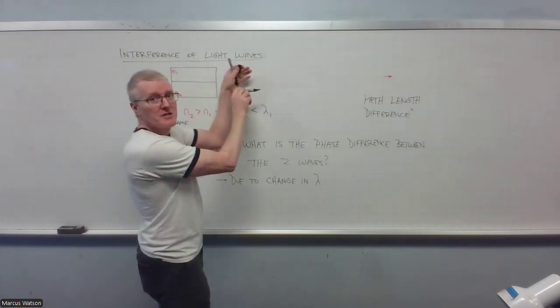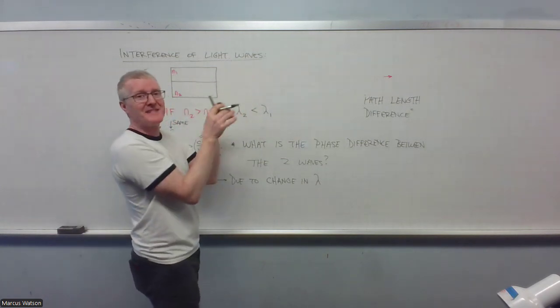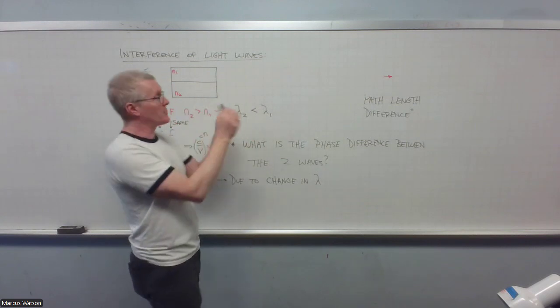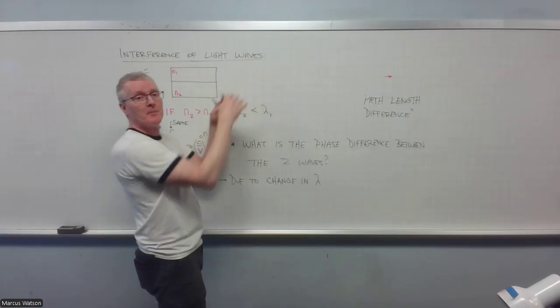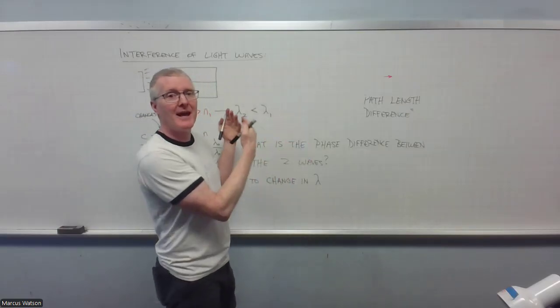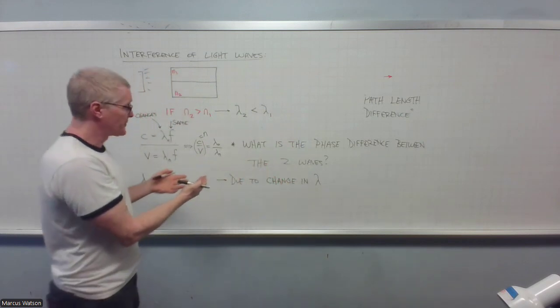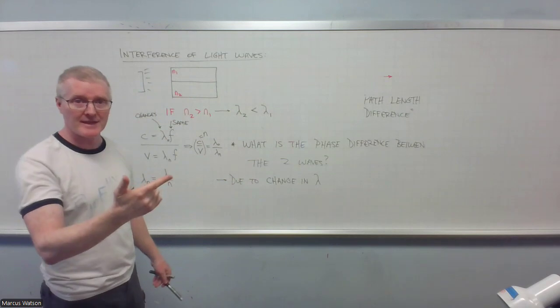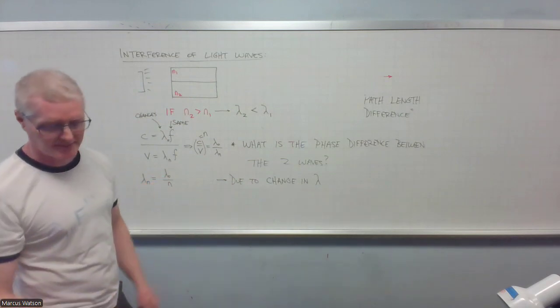Then when they re-emerge this side and become waves in air again, they're going to be at different places. Out here they're going to have the same wavelength again, but they're going to be at different places in their waves. And so I'm going to get possibly an interference, okay? So due to a change in the wavelength, because it went through a material with an index.